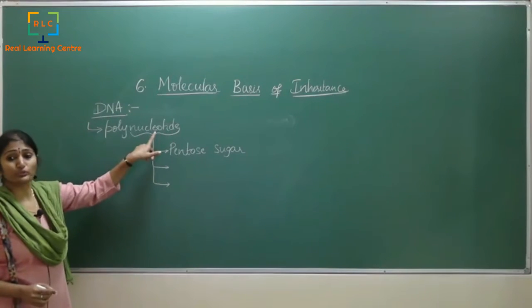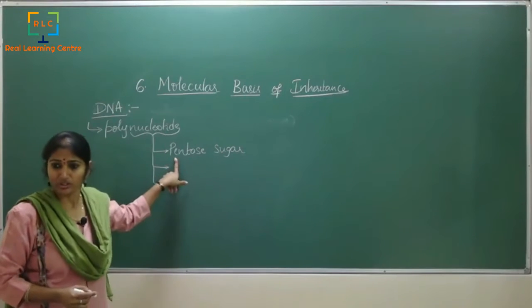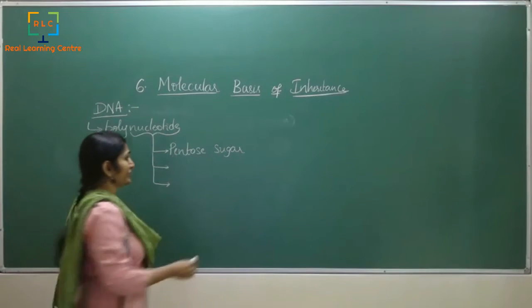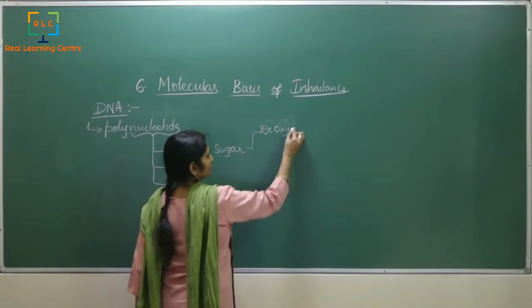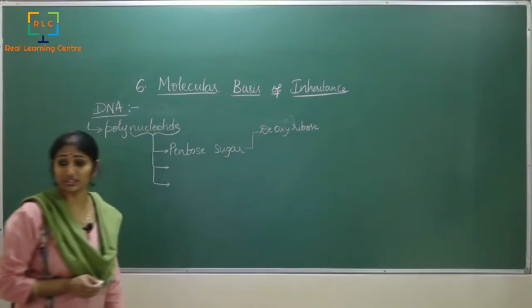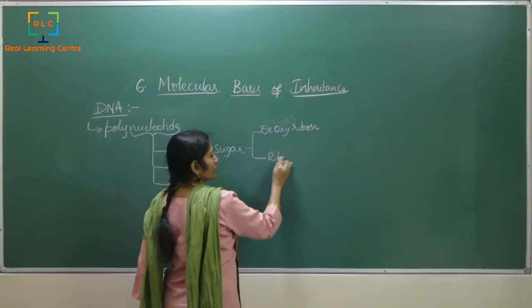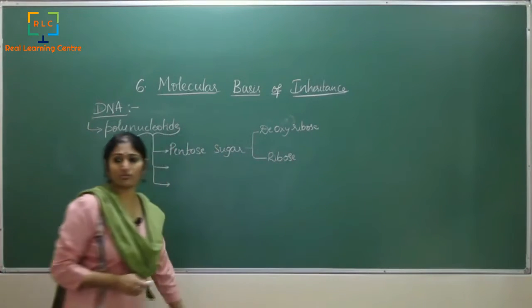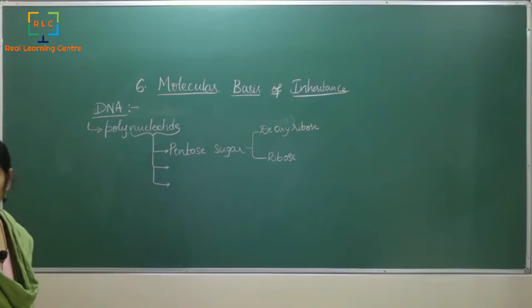In the case of DNA, it is deoxyribose, whereas in the case of RNA, it is the ribose sugar. So our DNA has the sugar deoxyribose, and our RNA has the ribose sugar.